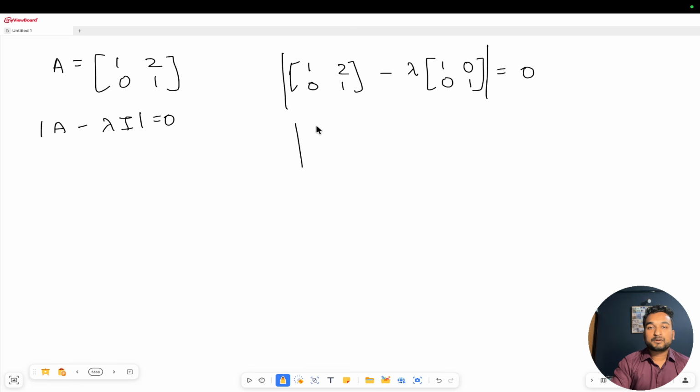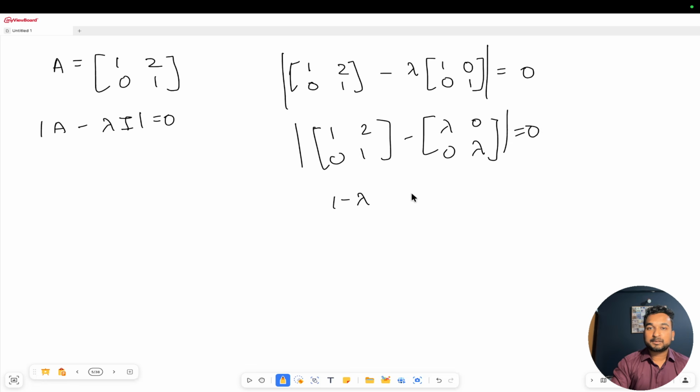So it will be 1 2 0 1 minus lambda 0 0 lambda equals 0. So this will be 1 minus lambda, this will be 2, 0 minus 0 will be again 0, and 1 minus lambda, equals 0.